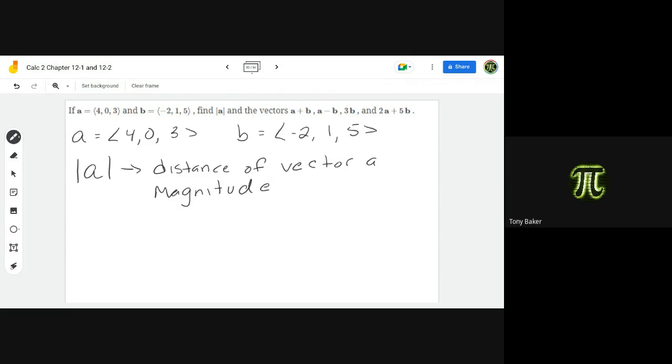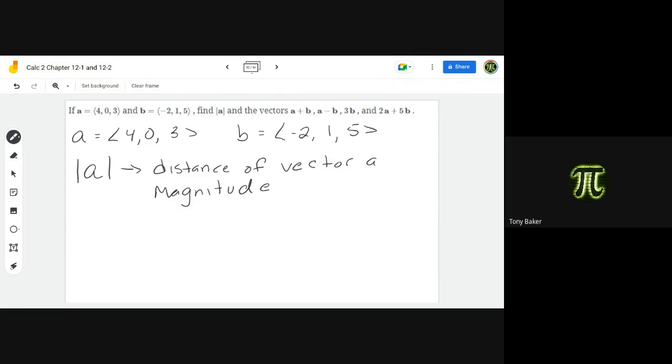So the magnitude is your distance formula. The difference is that, remember, a vector always starts at 0. So I only have the 1 point, and all my other points are 0.